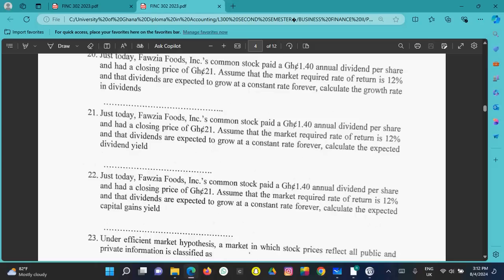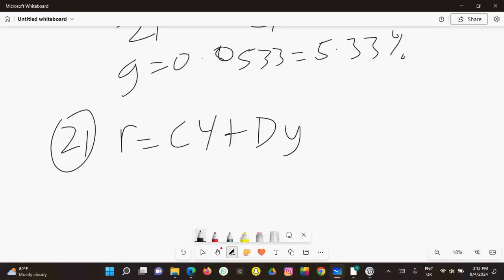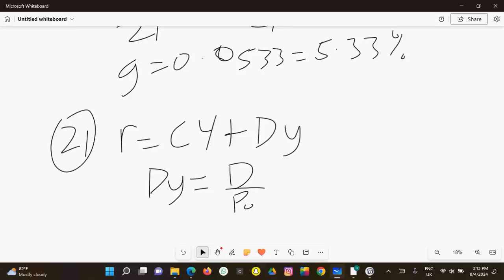All right, so let's calculate the dividend yield. Dividend yield is basically D over P naught.